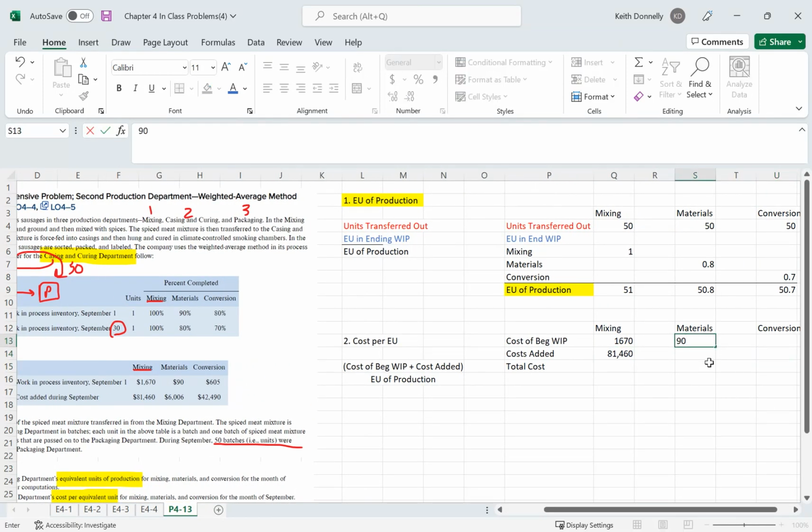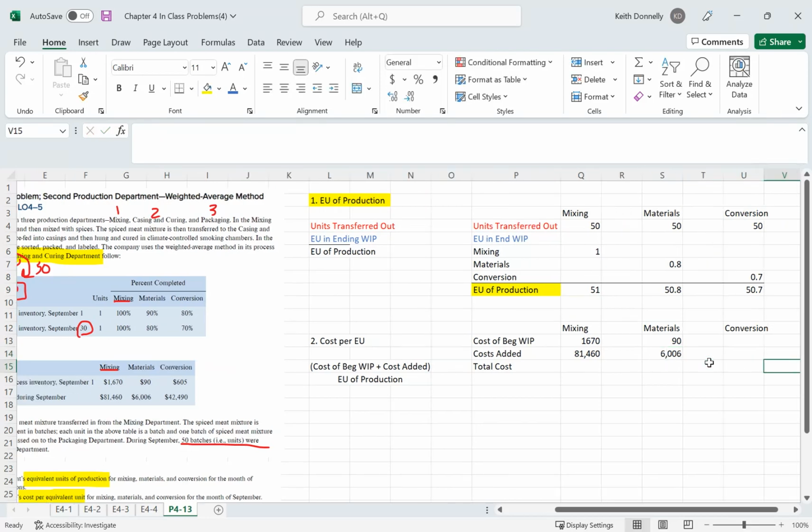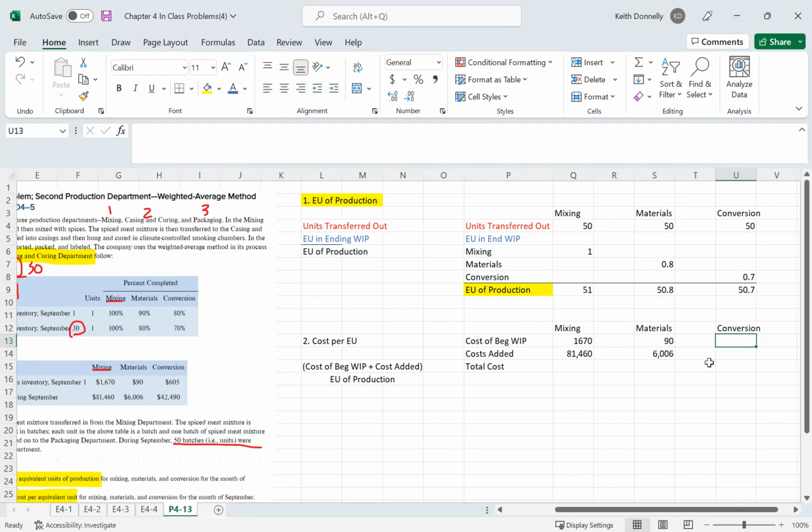For materials, our cost of beginning WIP was $90. It looks like we added $6,006. And for conversion costs, we started at $605, and then we added $42,490. So what we're going to do is just add them together to figure out our total costs, what you started with, and then what costs you added.